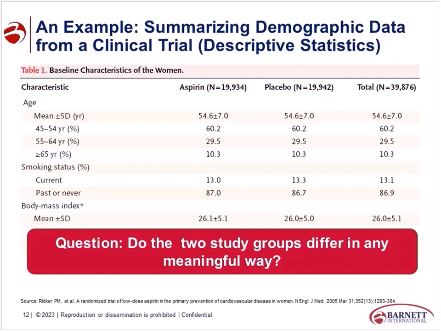Percentages broken down by categories are about the same. 60% are between the ages of 45 and 54. About 13% are current smokers, and the body mass index is about 26. So looking just at this table, we'd say that the two groups are balanced in terms of their baseline characteristics, which we expect to see in a large clinical trial.